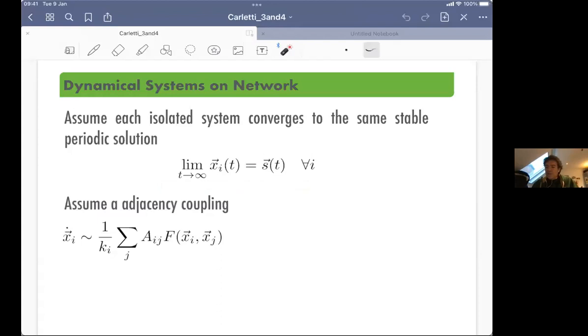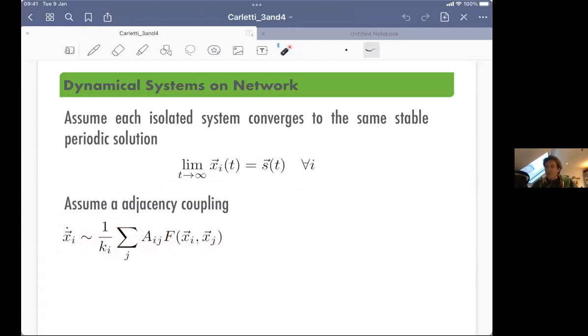Adjacency means that the rate of evolution of the quantities in node i is proportional to some average, where remember k_i is the number of neighbors of node i, times the sum over all the nodes j that are connected to i, of some function f that takes into account the concentration in node i and node j.